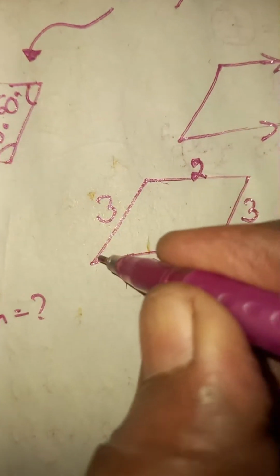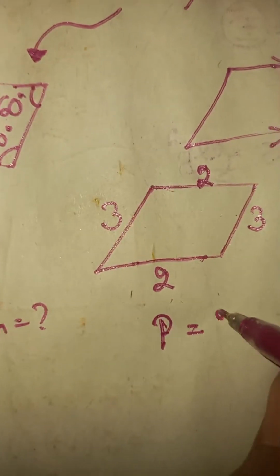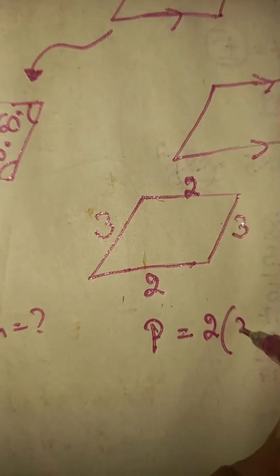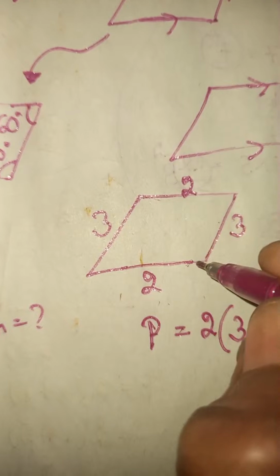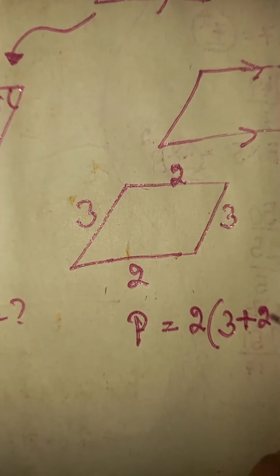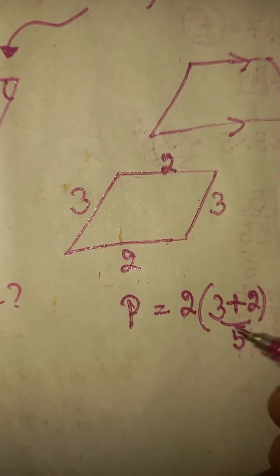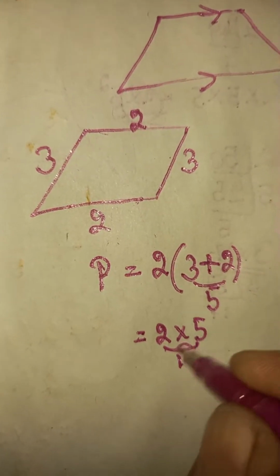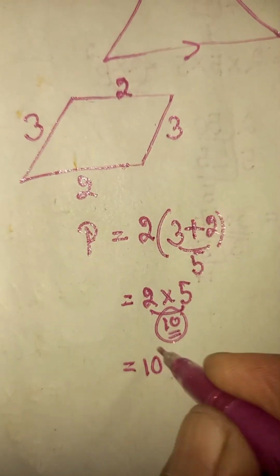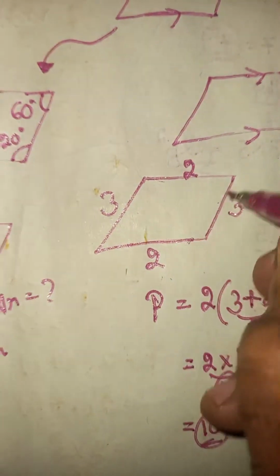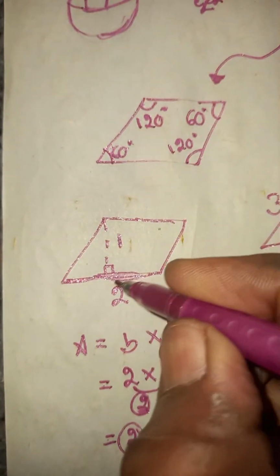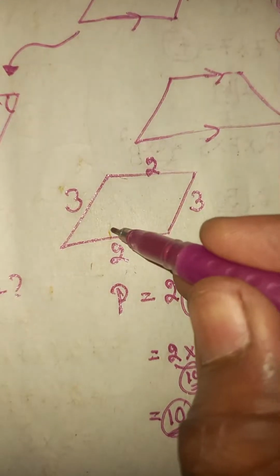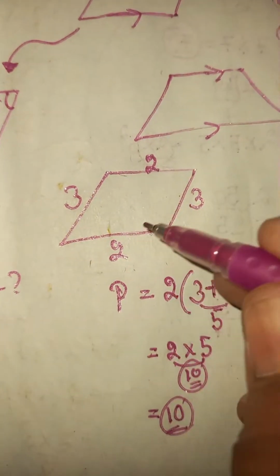Perimeter means the total length of the boundary, so you can take it as 2 times the sum of adjacent sides. One adjacent side is 3, another side is 2, so 2 times (3 plus 2). 3 plus 2 is 5, so it becomes 2 times 5, which is 10. So 10 units is the perimeter of this parallelogram. Area means base times perpendicular height, right? Perimeter means 2 times the sum of adjacent sides.